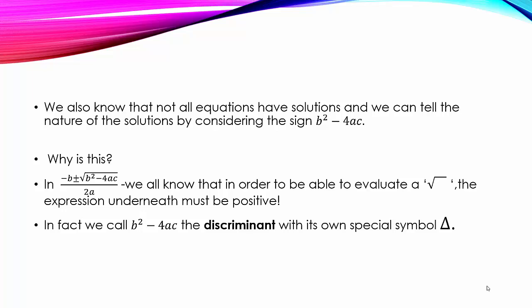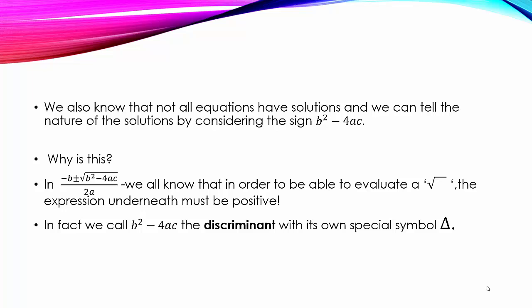So we call that expression underneath, b squared minus 4ac, the discriminant, and we give it its symbol delta, capital delta, which is a Greek letter. Delta for D, discriminant, because it will discriminate between those quadratic equations that have solutions and those that don't, and also it will discriminate between different types of solutions that a quadratic equation can have.